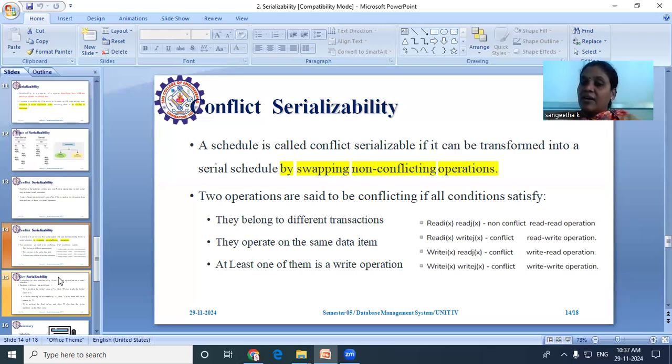Likewise, if one transaction is writing the data and another asks to read, that is also a conflict. If both transactions ask to write, the conflict also occurs. Based on this conflict matrix, the transactions are overlapped only with non-conflicting operations.